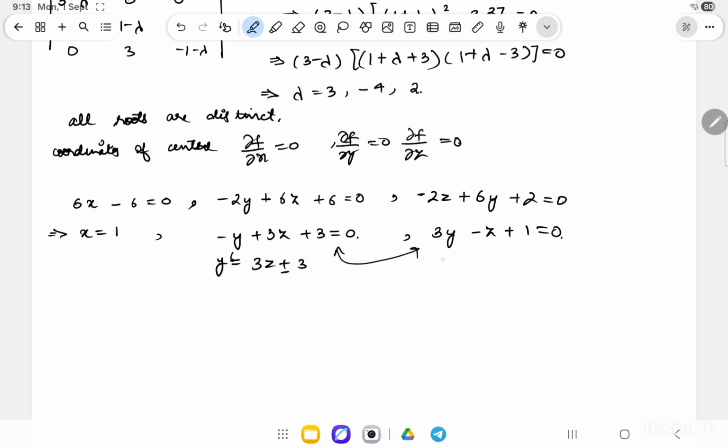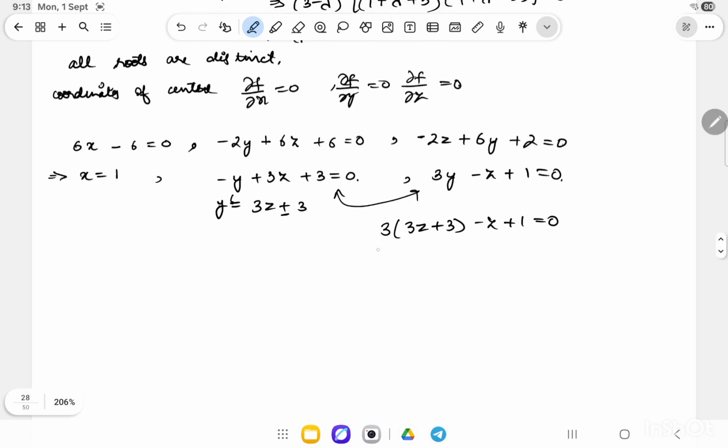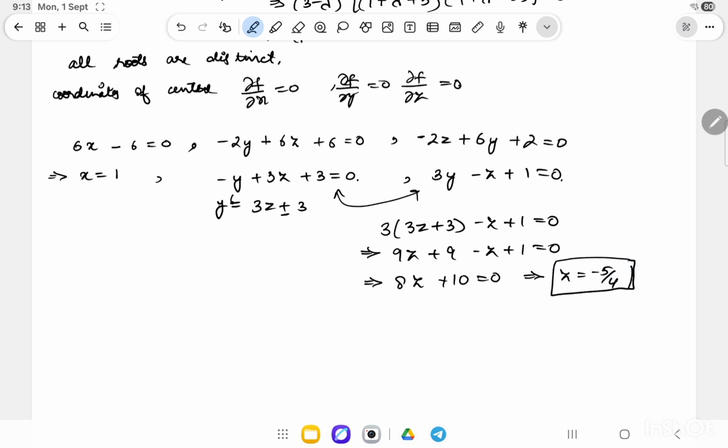Let's just substitute this value of y here. So it is 3 into (3z plus 3) minus z plus 1 equals 0, which basically gives me 9z plus 9 minus z plus 1 equals 0. From here I'll get 8z plus 10 equals 0. So from here z is equal to minus 5 by 4. And if I just substitute this value of z here, I'll be getting y equals 3 minus 3 into 5 by 4, which basically gives me (12 minus 15) by 4.